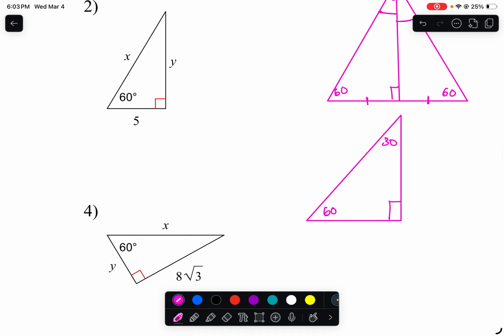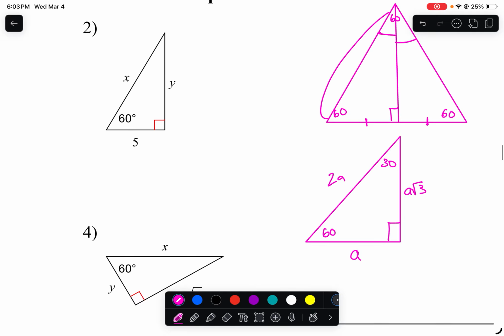Now, I could go through and show you by Pythagorean's theorem why these ratios work out. So basically, the side across from 30 is equal to A, the side across from 90 is equal to 2A, and the side across from 60 is equal to A root 3. And the reason for that is, right, we cut this side in half, and if that's 2A, then that has to be A, because we cut it in half.